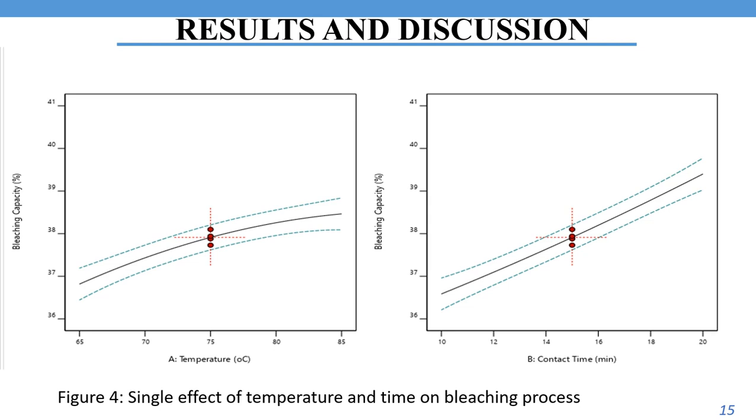It was also observed that as the contact time increased from 10 minutes to 20 minutes at constant temperature, the bleaching capacity of the activated Ashaka Bentonite increased from 36.5 to 39.2.